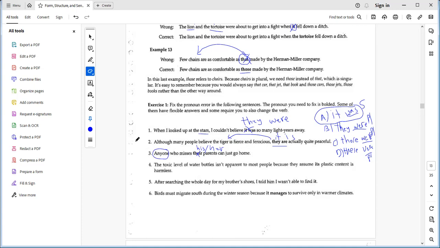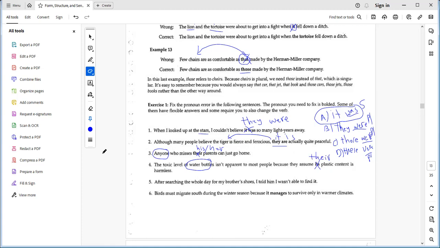Okay. Aya, number 4. The toxic level of water bottles isn't apparent to most people because they assume their plastic content. Excellent. Because we are talking about water bottles, it's gonna be their plastic content. Perfect.